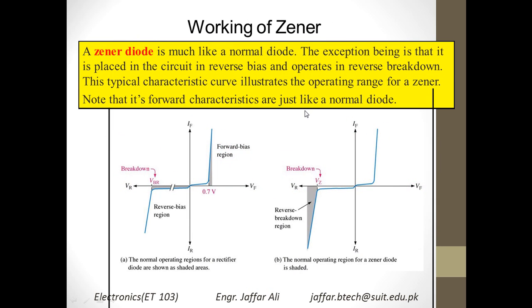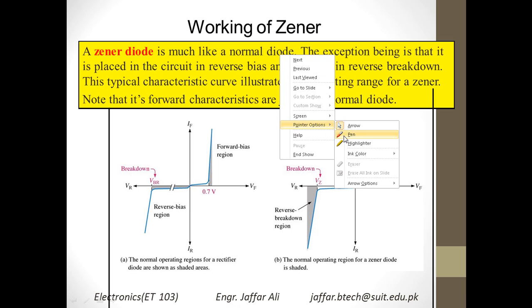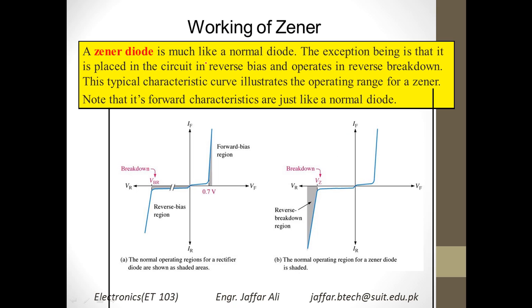Now coming towards the working or operation of a Zener diode. A Zener diode is much like a normal diode, the only exception being that if it is placed in the circuit in reverse bias, it will definitely operate in the reverse breakdown region.